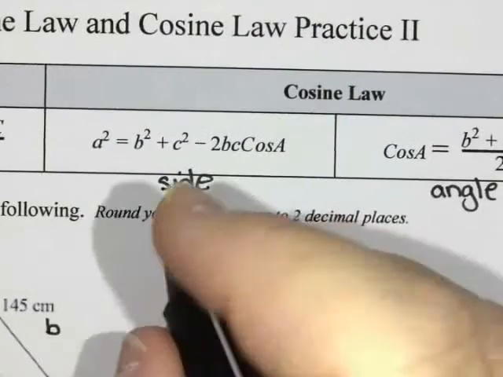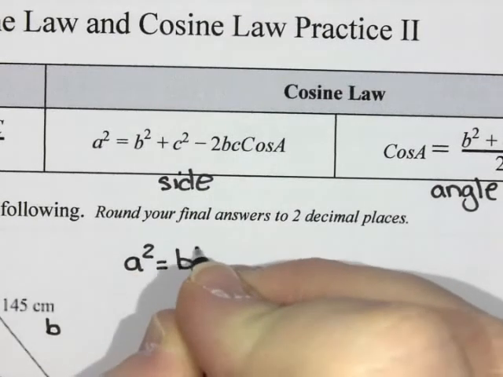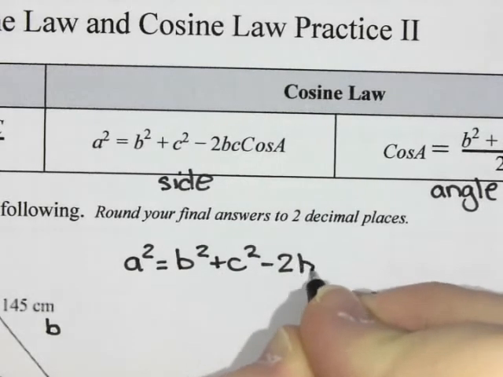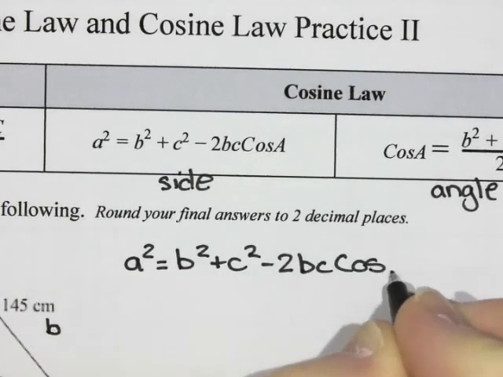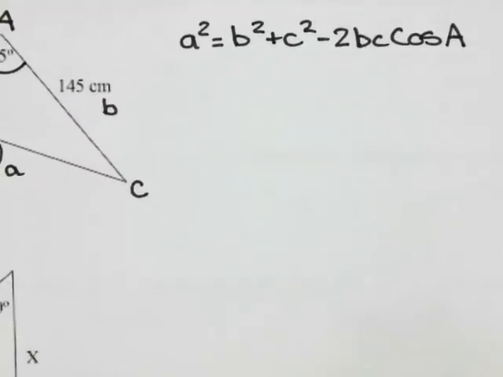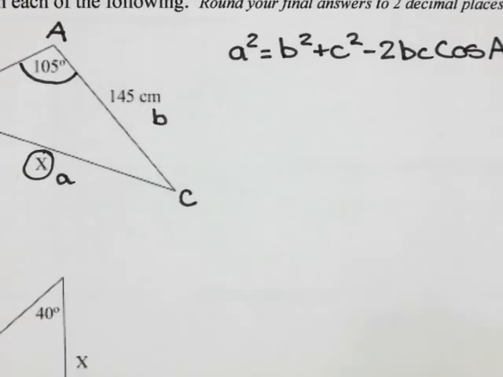Okay, so I'm going to write down my formula. I have a squared equals b squared plus c squared minus 2bc cos A. And then I'm going to substitute in all the things I know from my diagram.